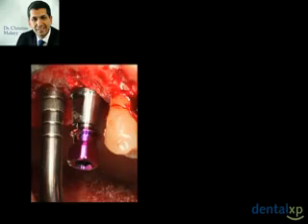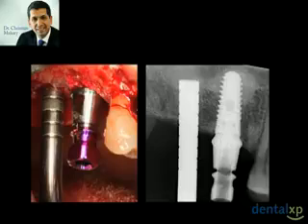And this is the implant placed, and then we start tapping the second implant site in order to perform another elevation of the same sinus but in another implant position. Radiographically, you see the first implant was placed and you see the amount of bone that was grafted into the sinus.